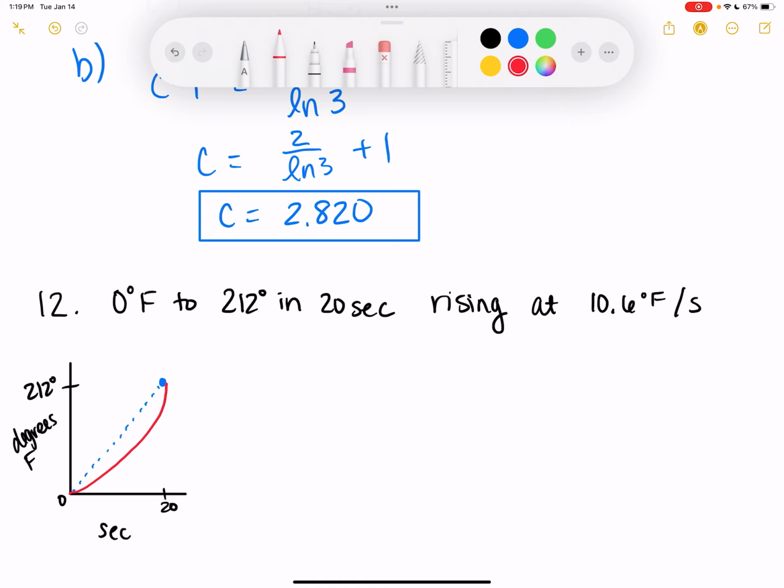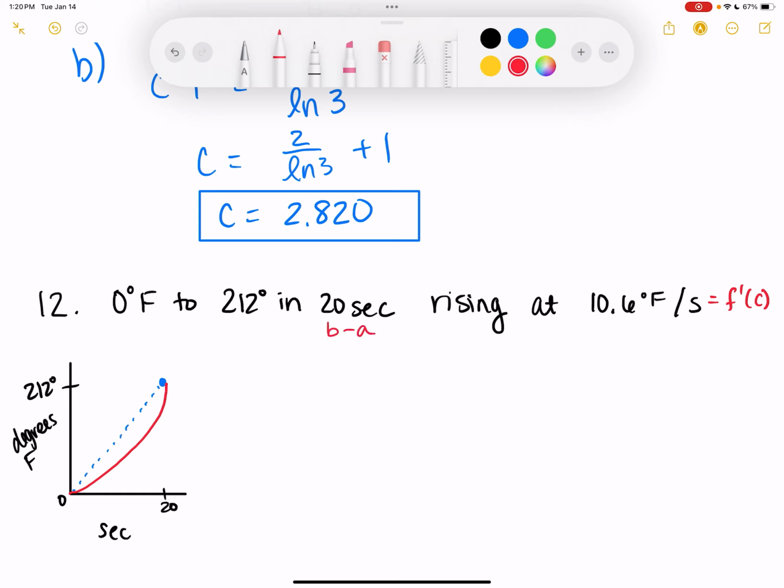That would have to be true because of the mean value theorem. Okay, so this is f prime of c here. So this 20 seconds, I know that it's happening in 20 seconds, is b minus a.